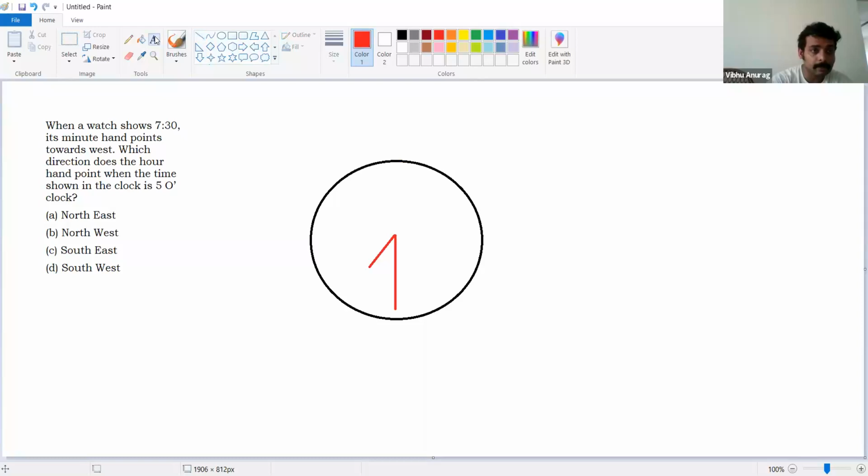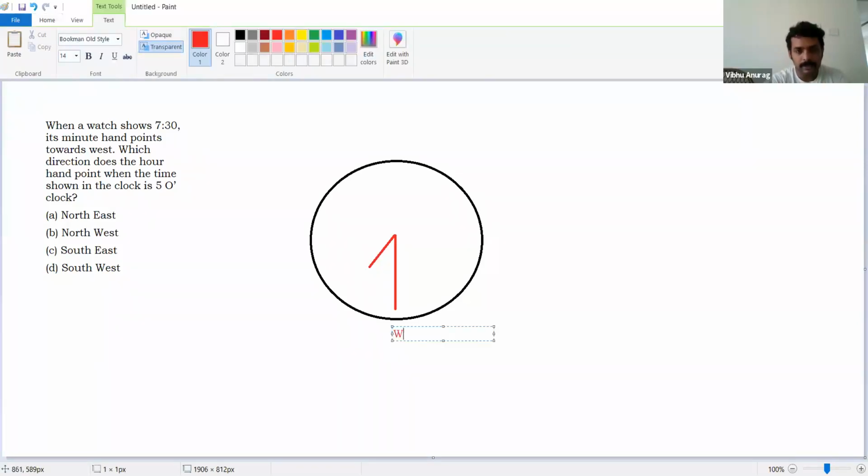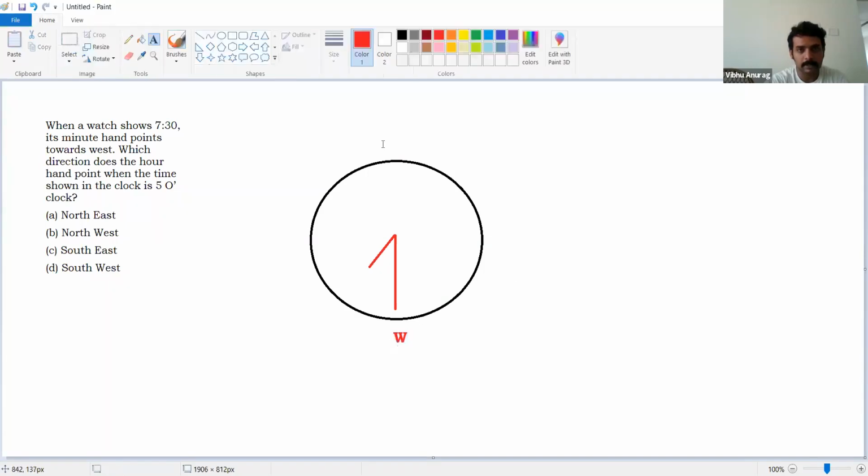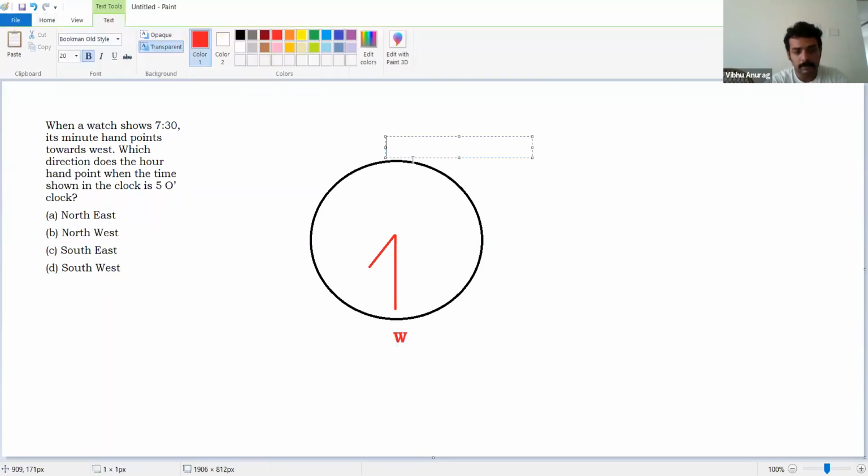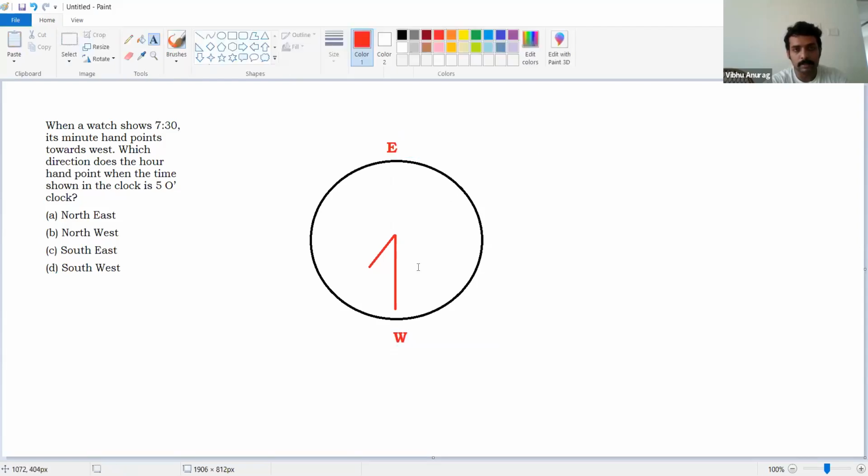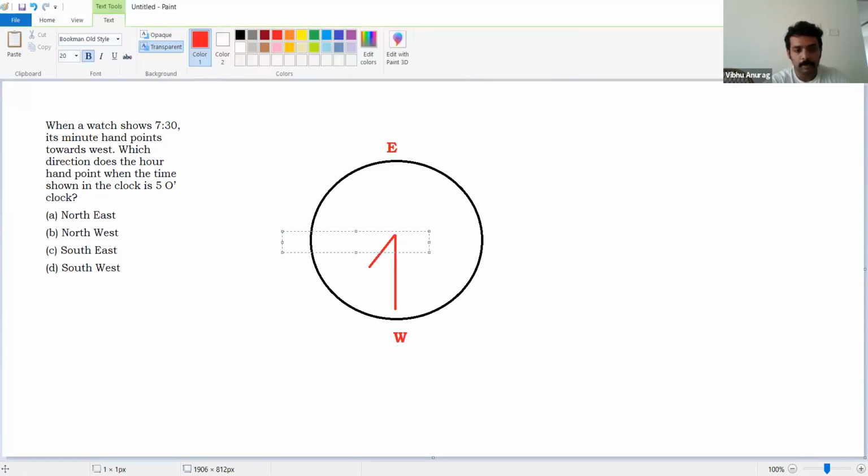And at this time, the minute hand is pointing towards the west. So this is west. So this is east. Then this is north. And this is south.